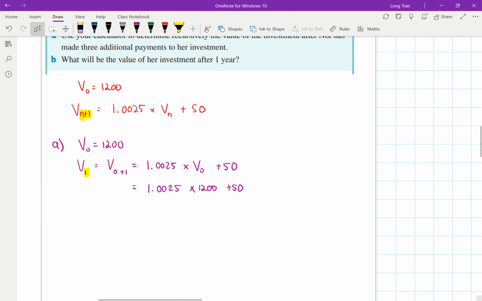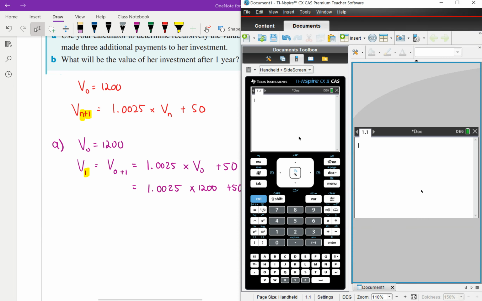And so what we do is we use this model by starting off and saying, I start off at 1,200, okay? And then you can say times 1.0025, and then plus 50. See how it's different to actually writing 1,200 times 1.0025 and then add 50.